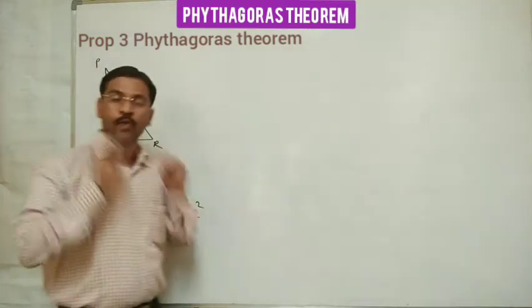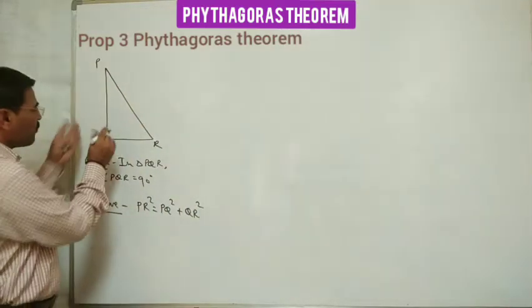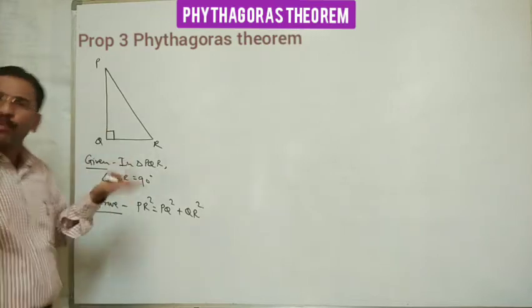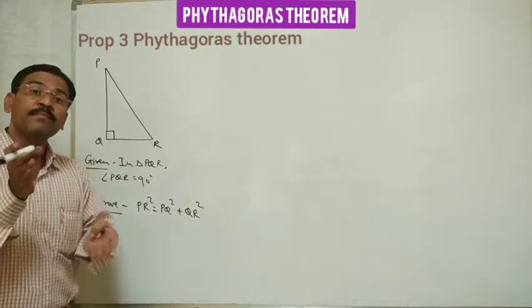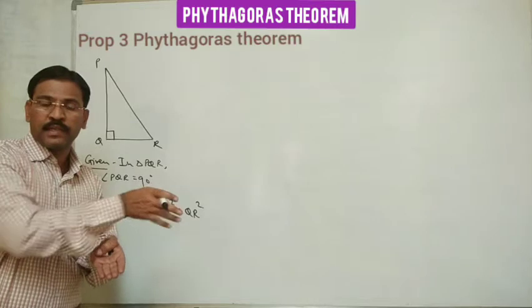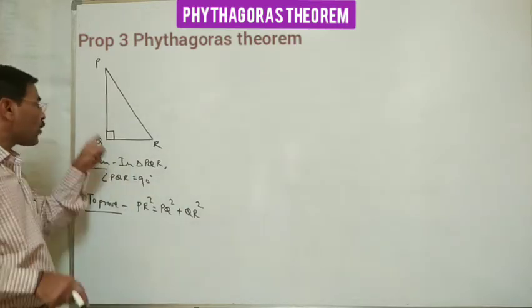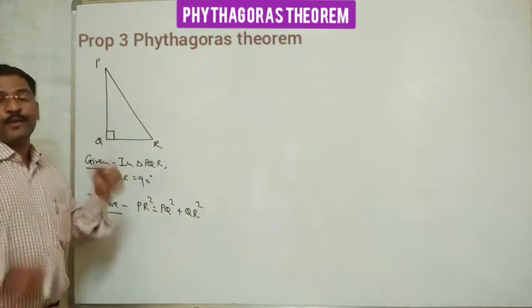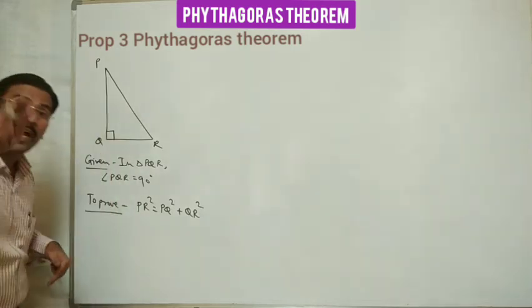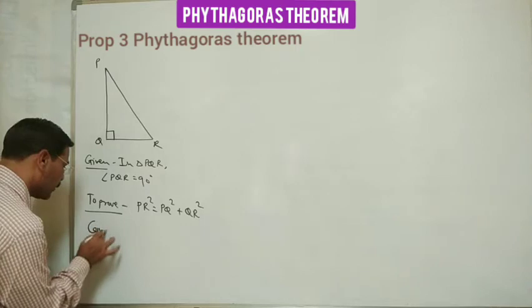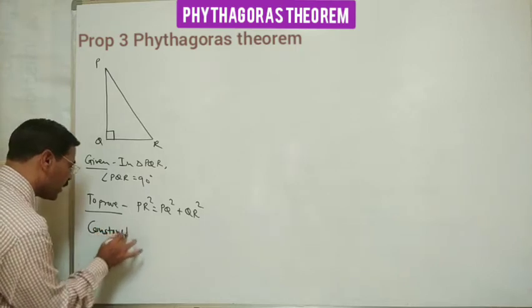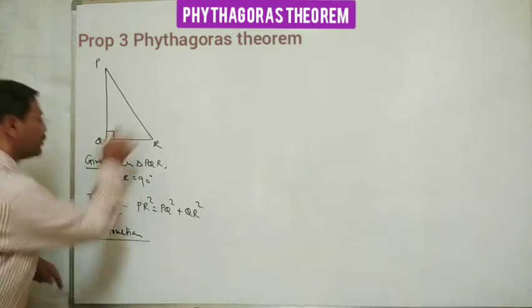Now, only by this much, we cannot prove. We have to apply some properties which we proved just previously. In both the properties, there is one altitude drawn from the vertex of the right angle. So here in construction, we are going to make that one. So in construction, what is that?